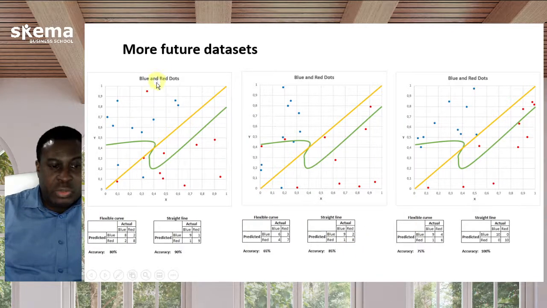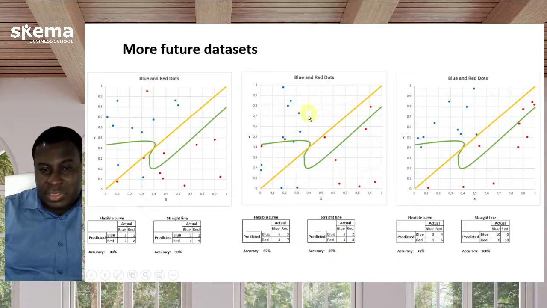This one on the left is what we just saw with a random simulation of 20 dots and with the accuracy of flexible curve and a straight line. And the same, every time, exactly the same two curves. The second simulation, the flexible curve did really badly with only 65% accuracy, and the straight line only a little bit better with 85% accuracy.